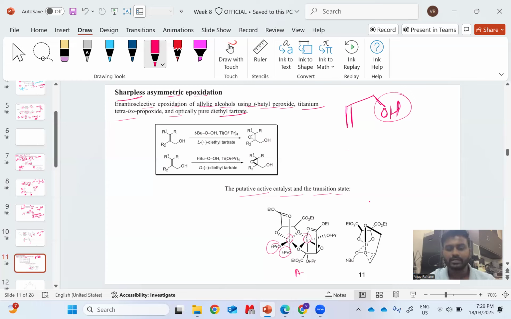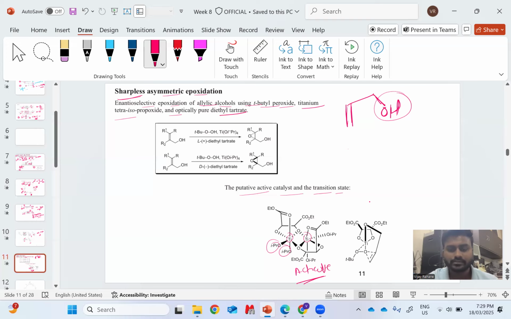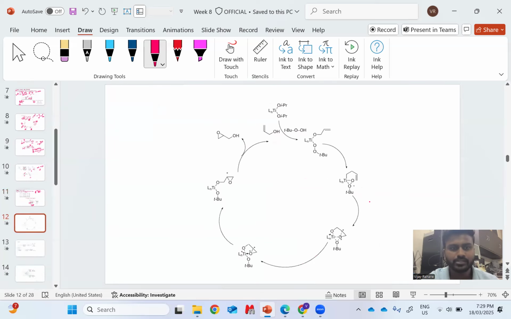It forms this active catalyst, and which drives the stereoselective or the enantioselective oxidation of these allylic alcohols. The catalytic cycle was already covered by the professor, right? So I will not go into more detail, but you can see here.